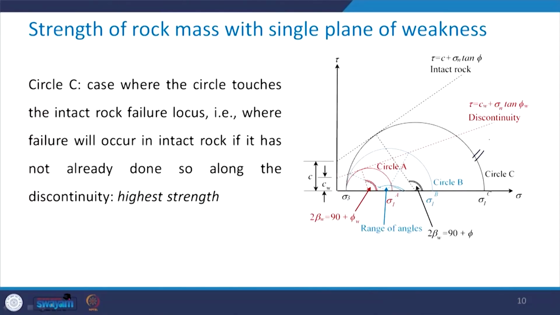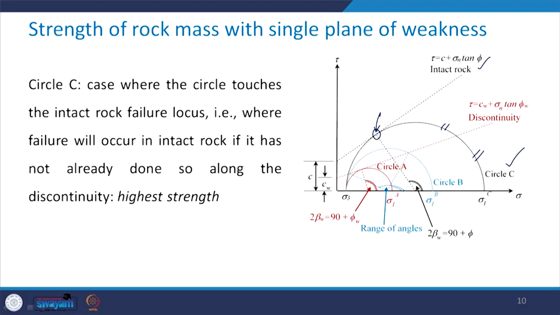This circle for the intact rock has been represented by this circle C, and in this case the circle touches the intact rock failure locus. See, this circle is touching this envelope for intact rock at this point.